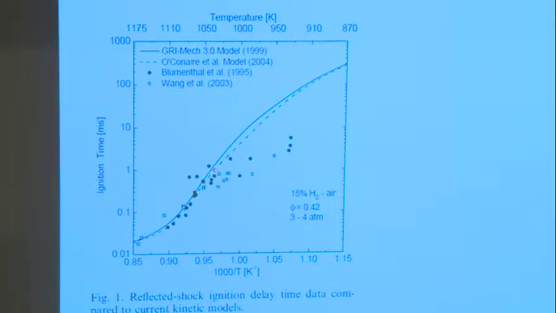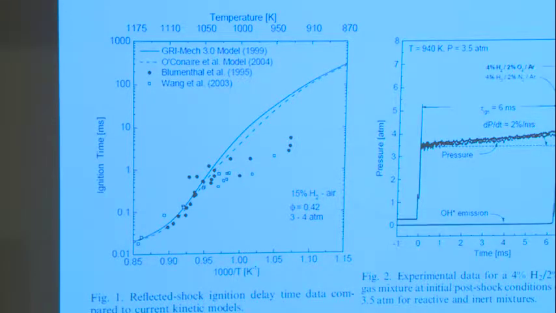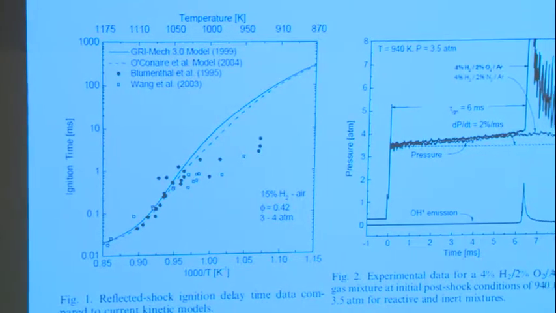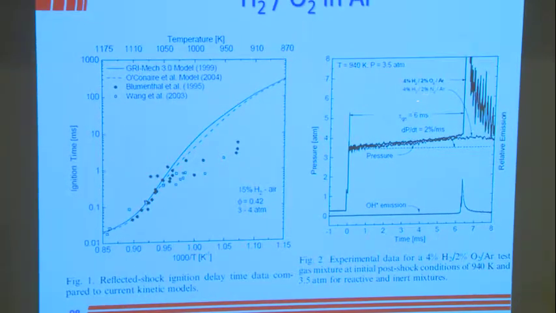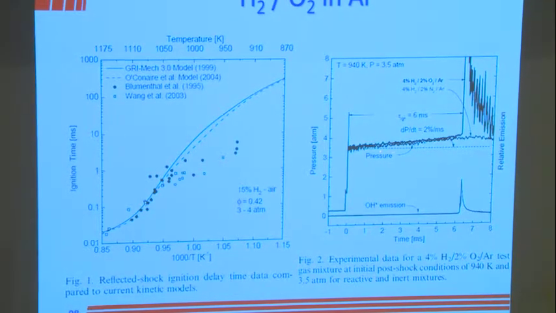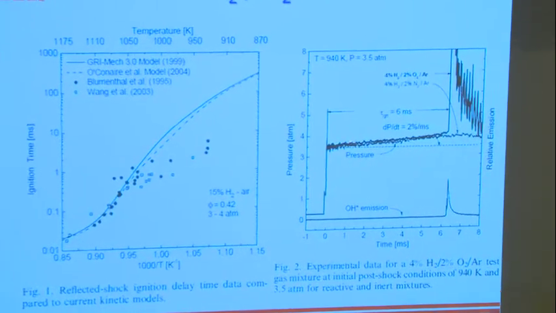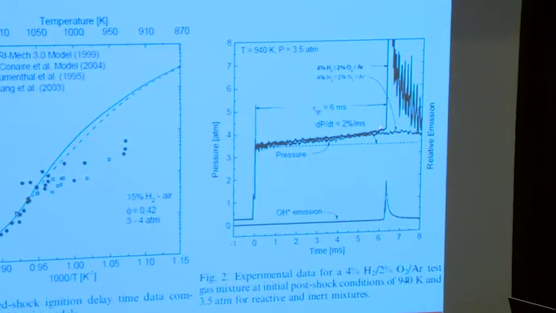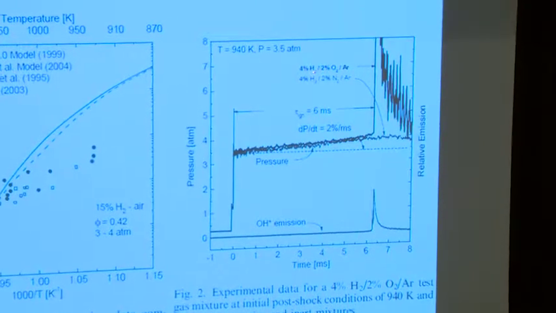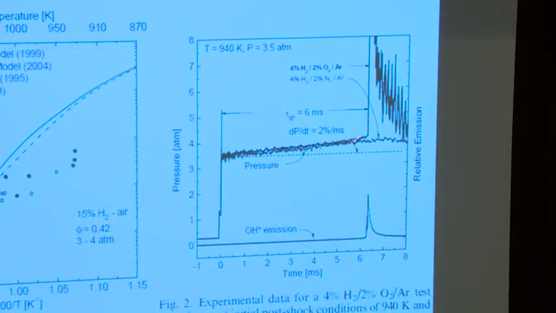But once we get below about 1050 Kelvin or approaching 1000 Kelvin and below, the models don't agree with the data very well. And what they found was, when they looked at a reactive mixture, this dark solid line, a reactive mixture of 4% hydrogen, 2% oxygen, and argon.